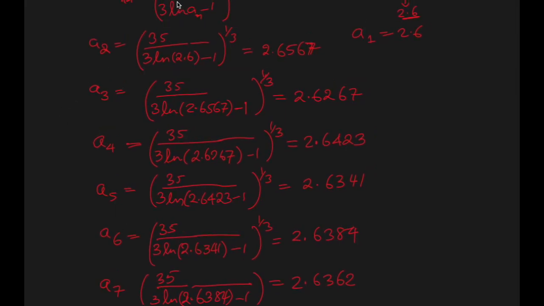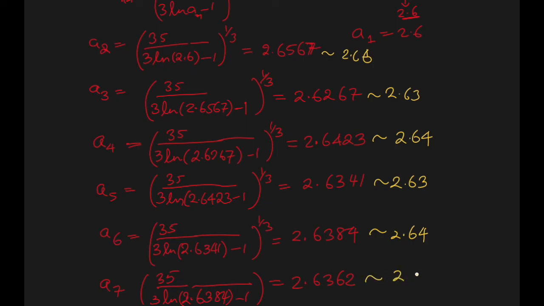If I round these to 2 decimal places, which they want, it is 2.66. Next one will be 2.63. Here it is 2.64. This is 2.63. Next 2.64. And again 2.64. Whenever 2 consecutive iterations have the same value rounded off to 2 decimal places, stop there, and that becomes your solution. For this particular question, a becomes 2.64.